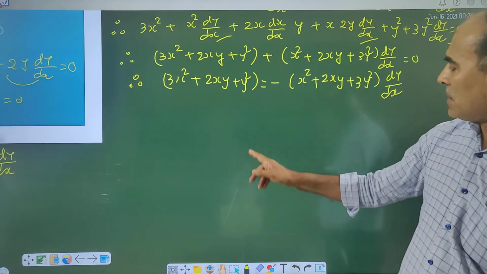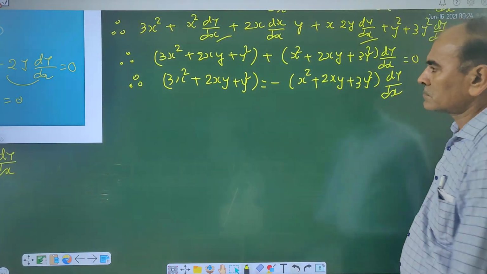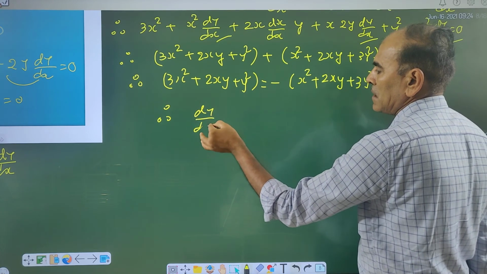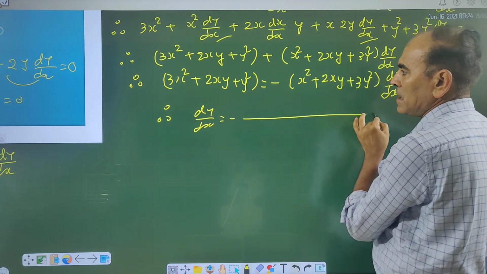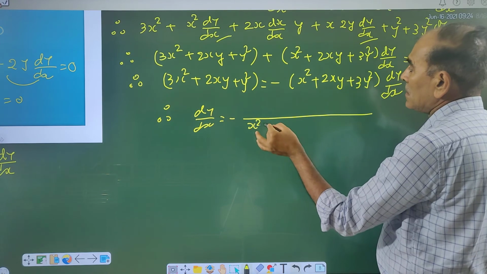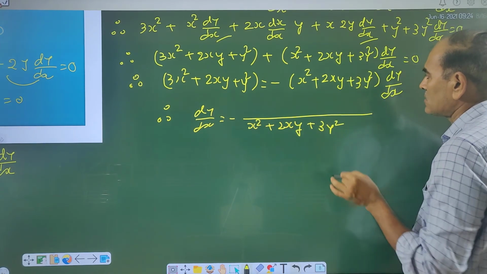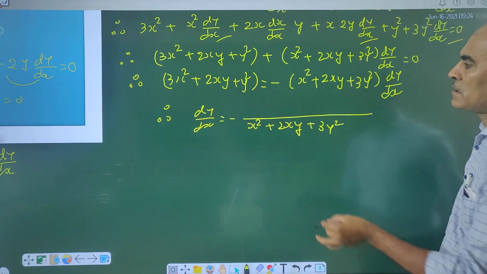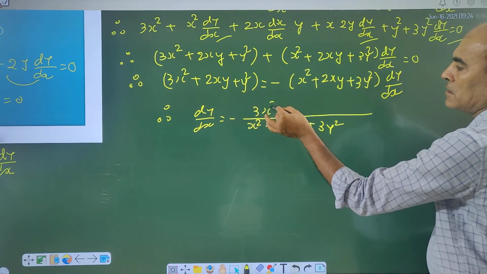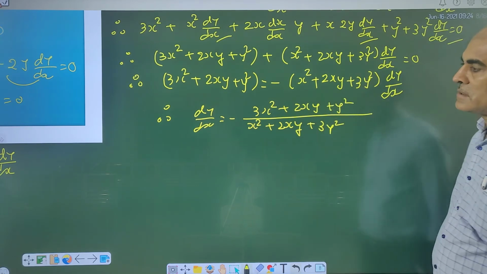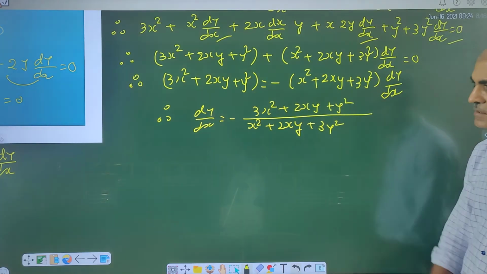What will be the dy by dx in this case? And therefore dy by dx is equal to minus of x square plus 2xy plus 3y square. This goes in the denominator, remember as it is, 3x square plus 2xy plus y square. This is the answer.